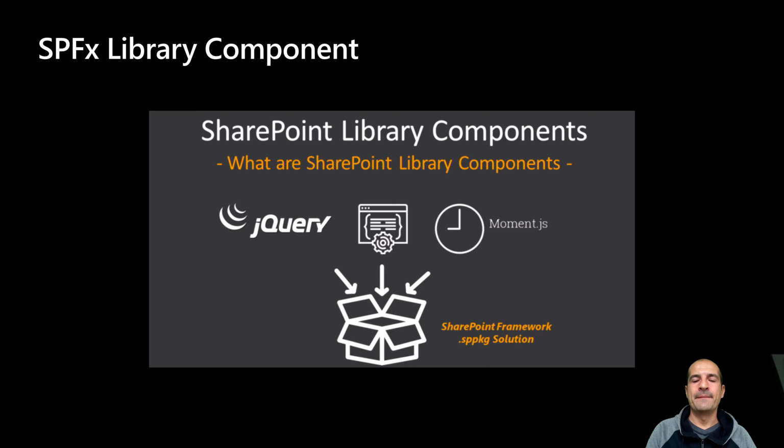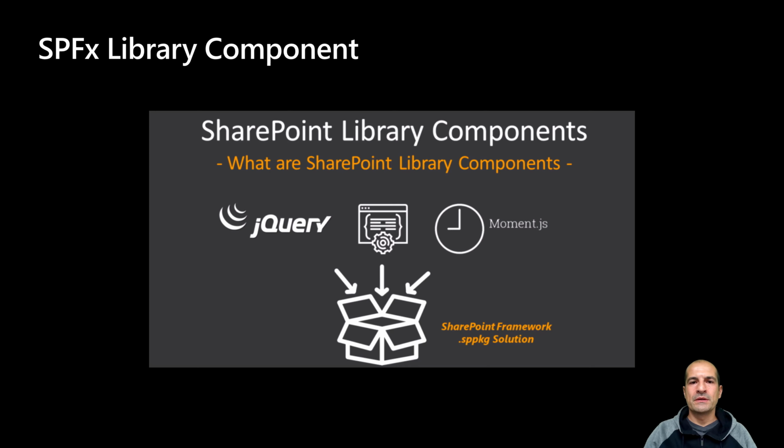What you can do to optimize the performance and reduce the bundle of your SharePoint Framework solution is create a library component, and you can share code across all the web parts that you have in your environment. This is very great because you write the code one time and then reuse what you have done previously.